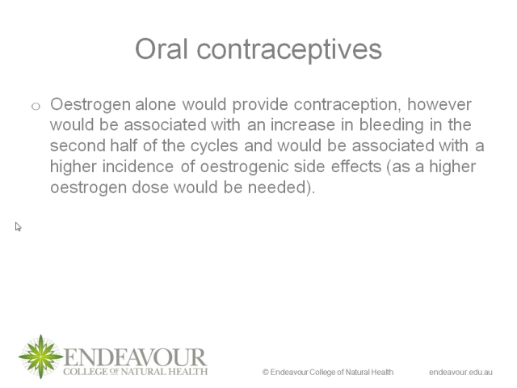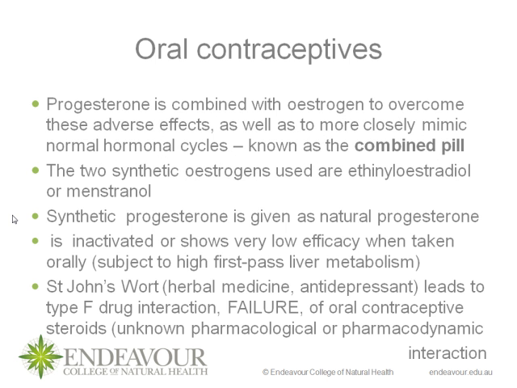This would increase the bleed in the second half of the cycle, and because of the higher estrogen, there would be a higher incidence of estrogenic adverse effects. So progesterone is combined with estrogen in the pill. This overcomes this need for higher estrogen and overcomes those adverse effects that would be linked with this. And it does actually mimic more closely a normal hormonal cycle.